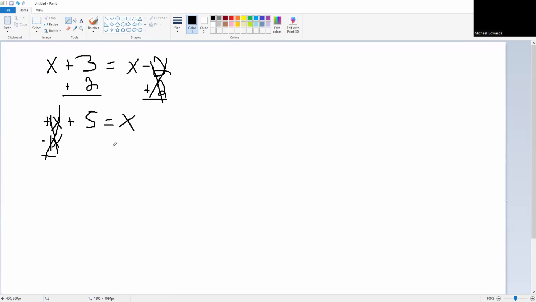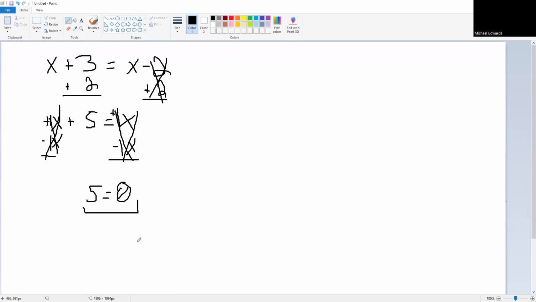Remember, there's a 1 in front of the x. So this is a positive 1 right here, isn't it? What happens when you do a positive 1 and a negative 1? It goes away. So the answer is 5 equals 0. This is not equal.